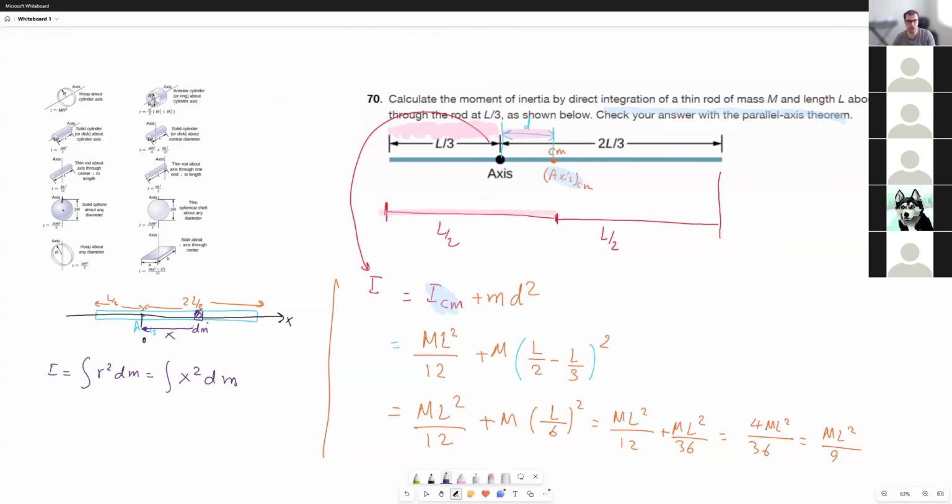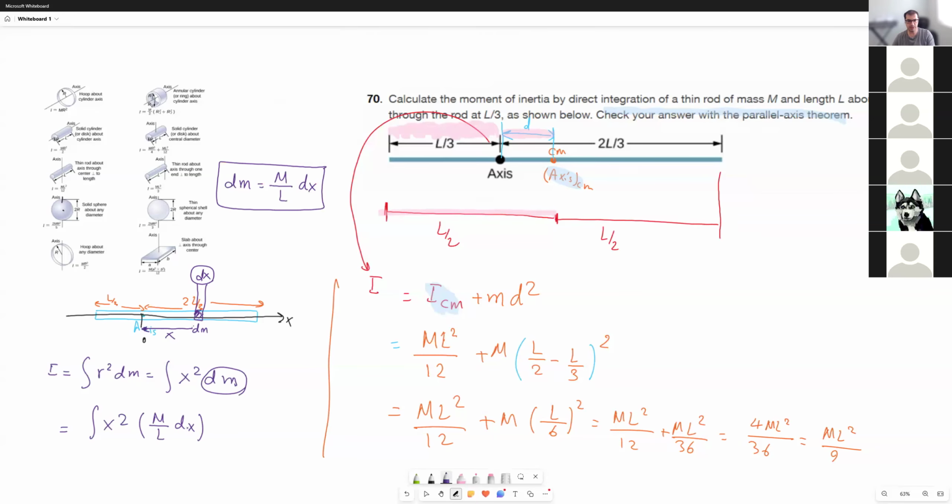The length of each dm, I'm going to call this dx, because it's on the x-axis. I can write dm equal to the total mass divided by total length multiplied by dx. So mass divided by L dx. That's going to be each dm.